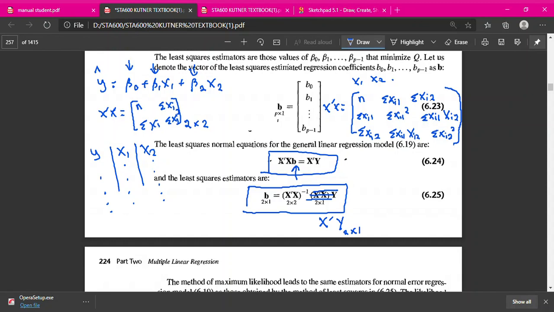Multiply dulu x1 dengan x2, then dapat satu column, dan baru you total up. Okay, column x1 multiply x2. Bukannya summation x1 multiply dengan summation x2. Berbeza. It is not summation x1 multiply summation x2. It is summation of x1 multiply x2. So you need to multiply these two column first, baru you total up.